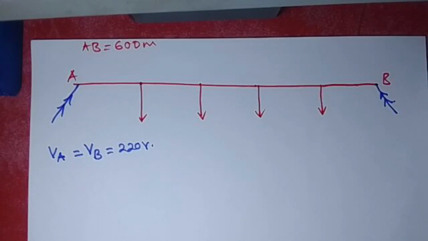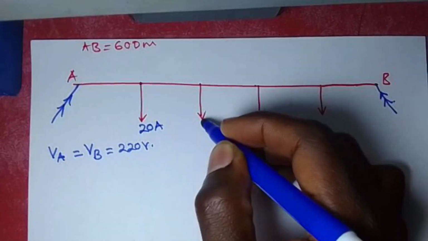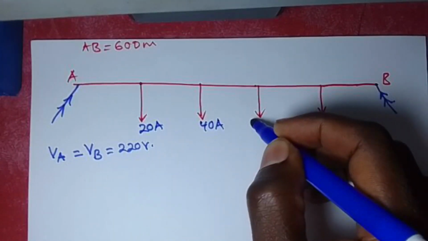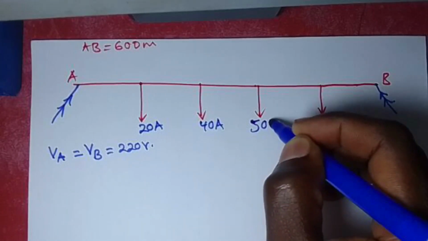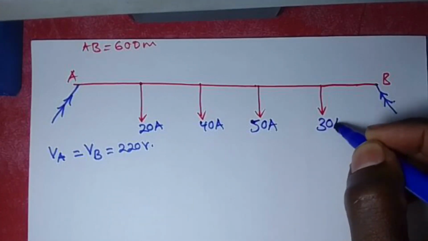My load at point A is going to be 20 amps. Load at point B is 40 amps. Load at point C they have given us to be 50 amps. And finally the load at point D is 30 amps.